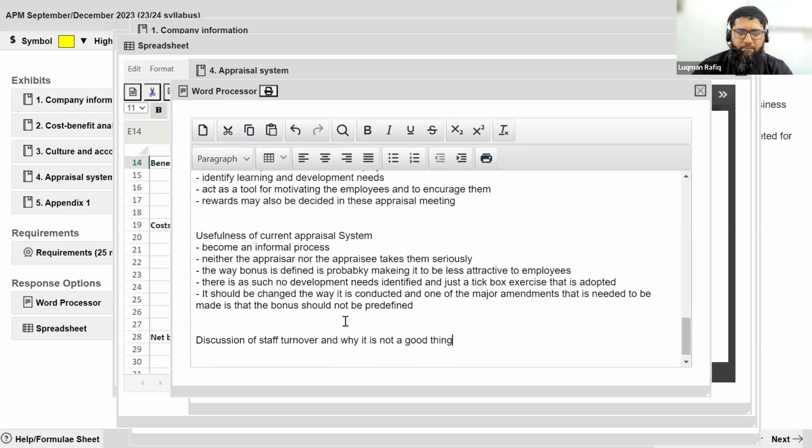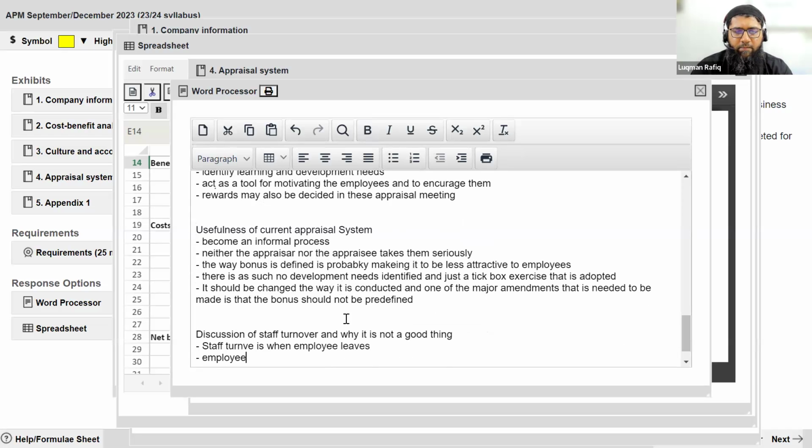Lastly, discussion of staff turnover. Staff turnover is when an employee leaves. Employees learn when they work with the company. New staff has to undergo the learning curve effect.